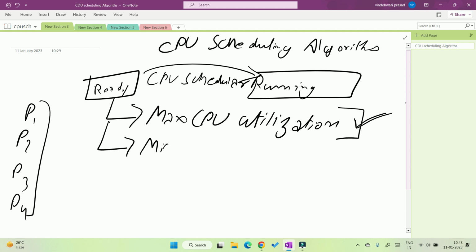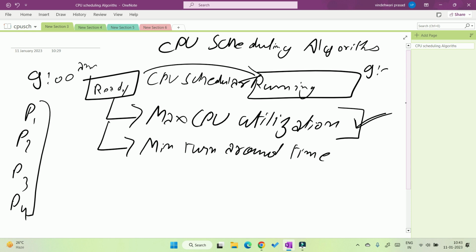Next, minimum turnaround time. Let me give you an example. Suppose a process enters at 9 a.m. and exits after completing its process at 9:30 a.m. First it enters at 9 a.m. It waits 2 minutes, then at 9:02 it enters here.